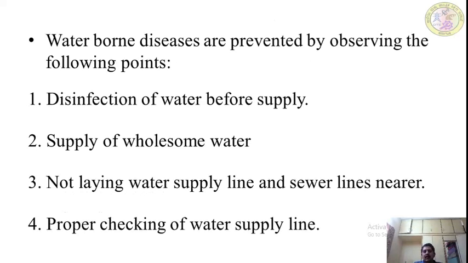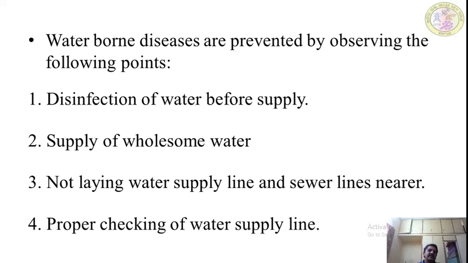Waterborne diseases can be prevented by observing the following points. Before we supply the water to the public, proper treatment has to be given to the water. We have to always supply wholesome water, that is water which is free from objectionable impurities.